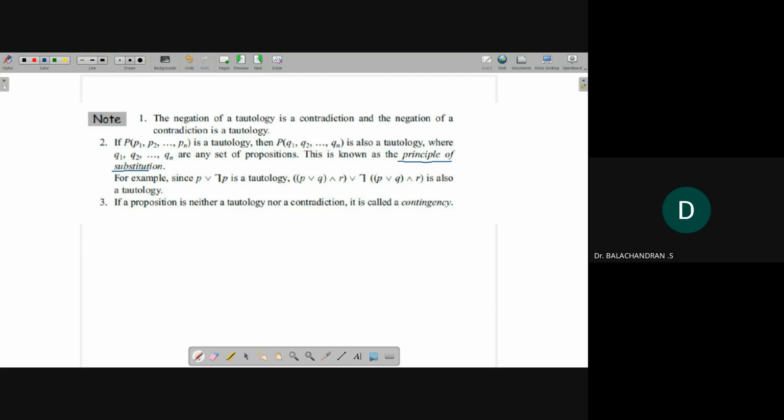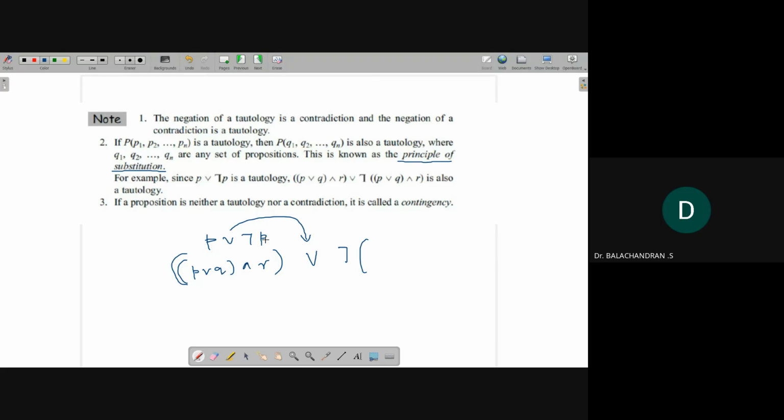For example, we have P or negation P. If it is a tautology, then instead of P, I am going to replace it by P or Q and R. Instead of P, I replace by everything, and then I'll put this R here, and this negation is here.